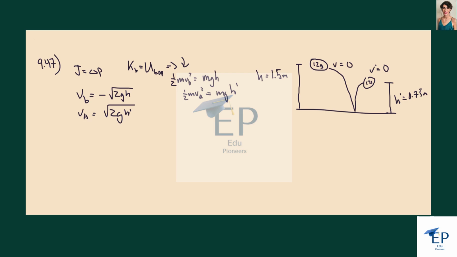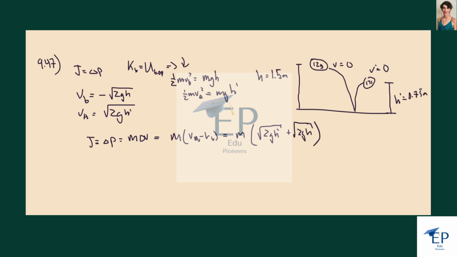Now the impulse we can just calculate, delta p. This is m delta v, or m times v after minus v before. So this becomes m times the square root of 2gh prime plus the square root of 2gh.